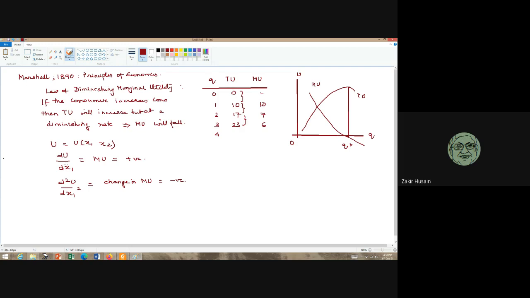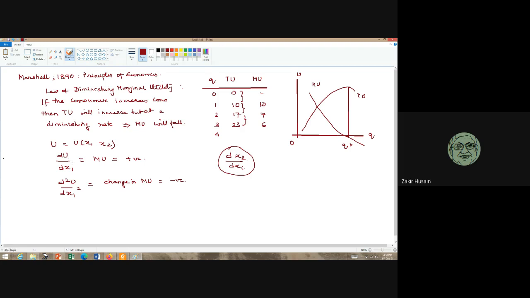Now note the difference from the earlier case. There, what we did was take dx2 by dx1. Here it is del u by del x1, u with respect to x1, and this was what we had done earlier when we were looking at the indifference curves.